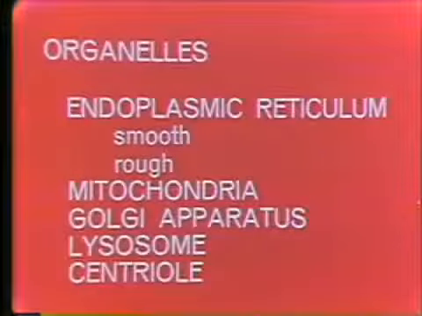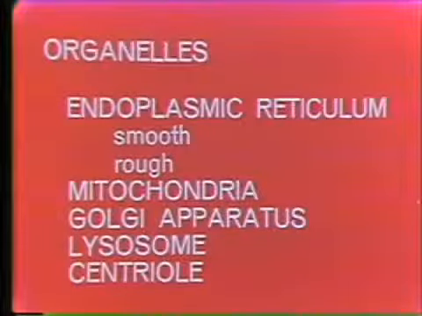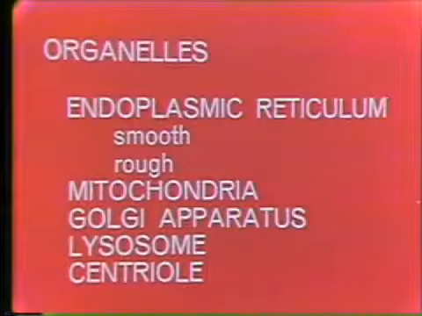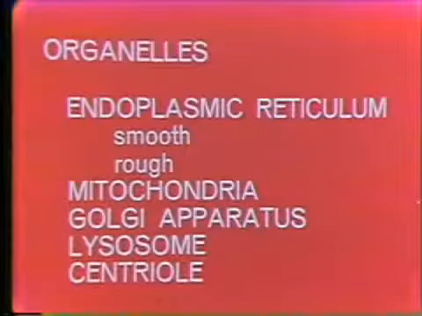Aside from the nucleus, the rest of the cell is the cytoplasm. The components of the cytoplasm are organelles and inclusions. We'll cover the organelles first. Most of these are comprised of cell membranes. The endoplasmic reticulum comes in two versions, both smooth and rough.